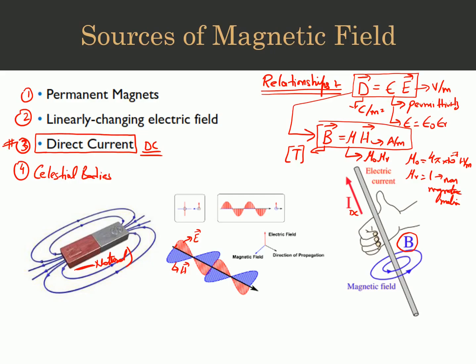Another thing that we want to accept is that we talked about electric flux in the chapter of electrostatics, which was equal to the total charge enclosed by any closed surface. In a similar way, we are going to talk about magnetic flux, which will be equal to the total magnetic flux density stored in a certain region.